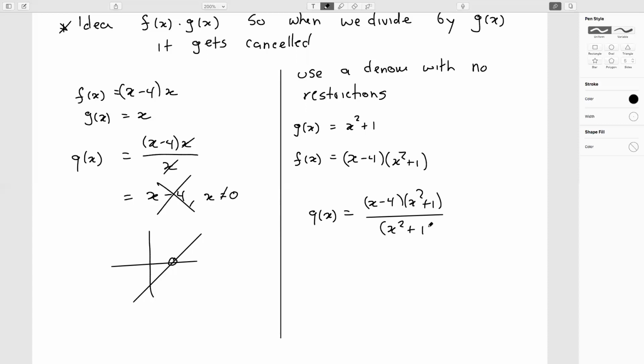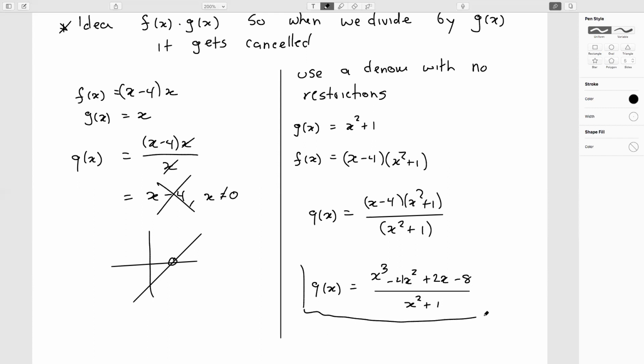The x squared plus 1 will still cancel. You'll get x minus 4, but we don't have a restriction anymore. Technically, if we want, we can expand this out. We can call this x cubed minus 4x squared plus x minus 4, all divided by x squared plus 1. And that's as far as we can go.